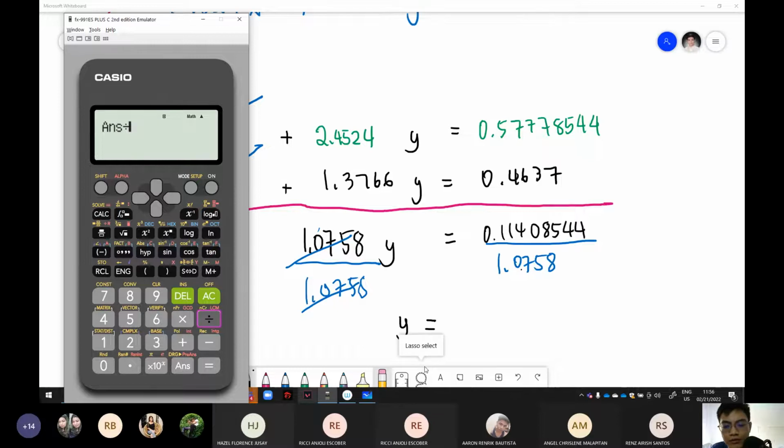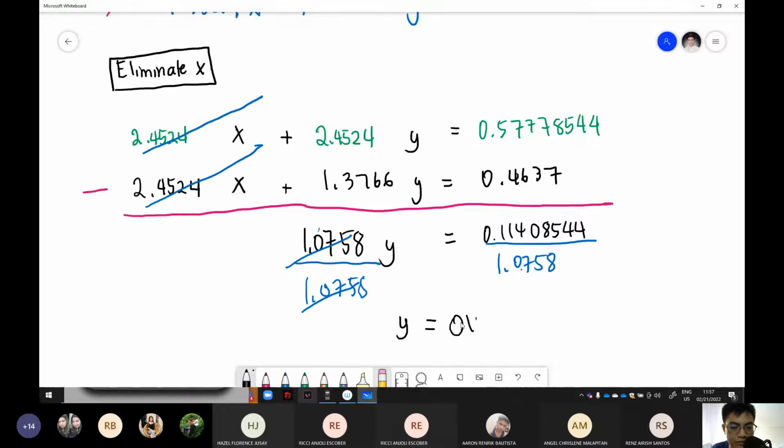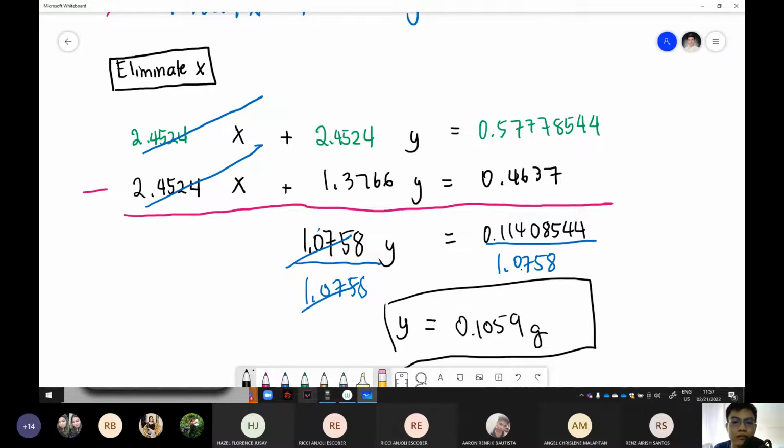Divide ko by 1.0758. Ito na yung sagot. 0.159. Nakuha ko na yung y.